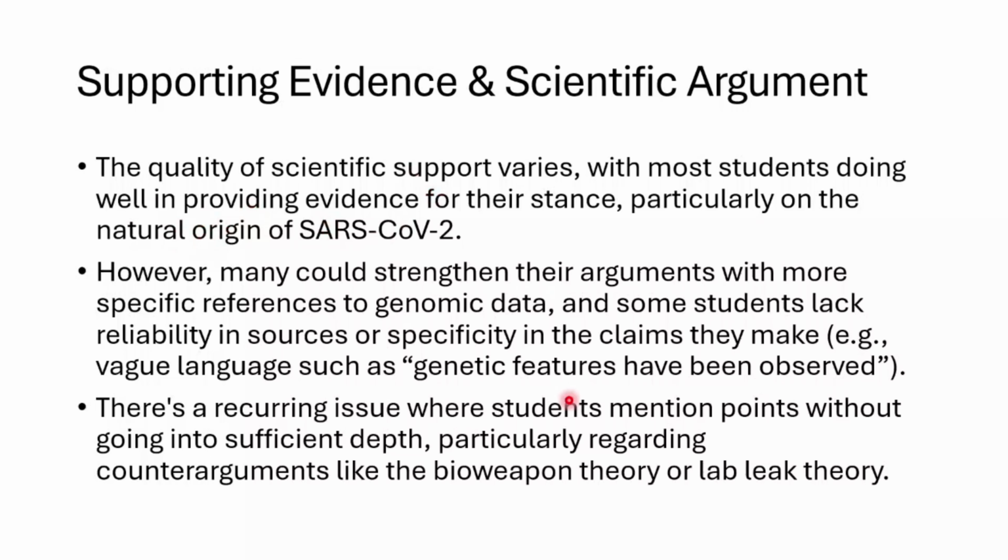One thing, though, is that when you make up claims, let's say, for example, you're saying that the bioweapon theory is not true because some genetic features have been observed, or the lack of genetic features observed does not represent genetic engineering or whatever.